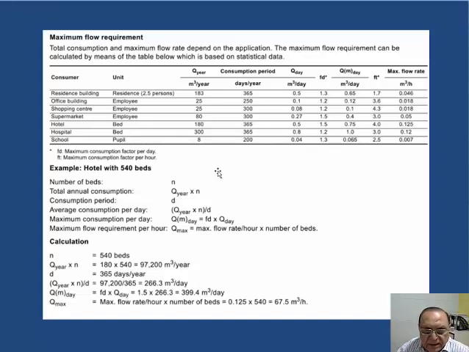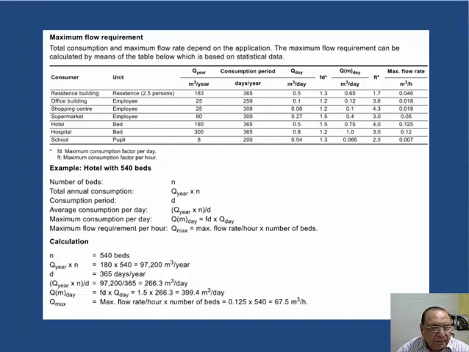This kind of guidelines are given in different codes, like our National Building Code, Section 9, Water Supply System, the International Plumbing Code, the Uniform Plumbing Code, the British Code, etc. So the designer has to follow according to the requirement, whether he is designing as per the Indian codes or the American codes or the British codes.